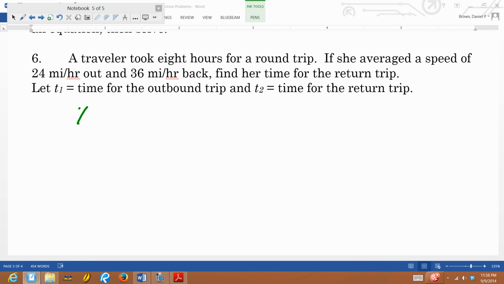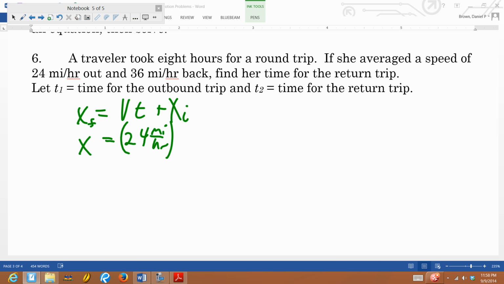So I'm going to write down my equation that x is equal to velocity times time. This is like the final position plus my x initial. And we try and plug in some numbers here. We're just going to say x is how far we travel. It's going to be 24 miles an hour times the time.